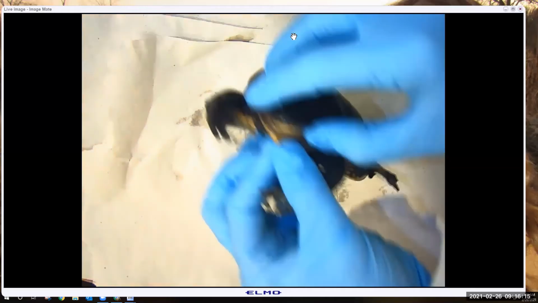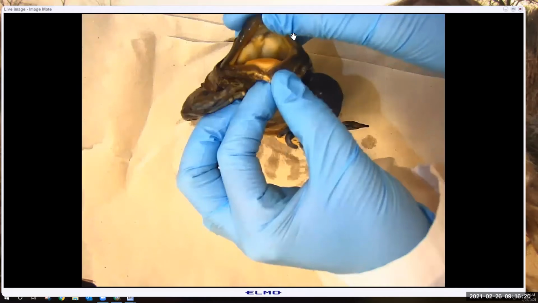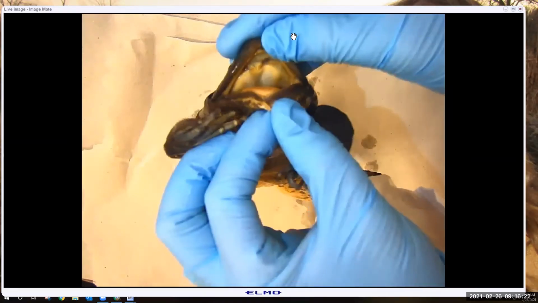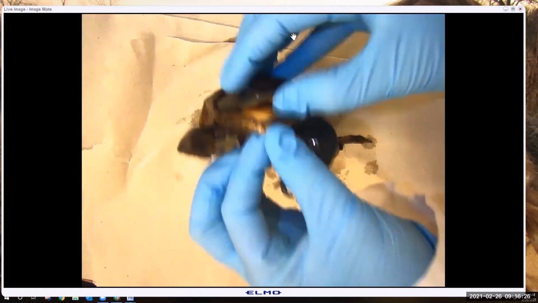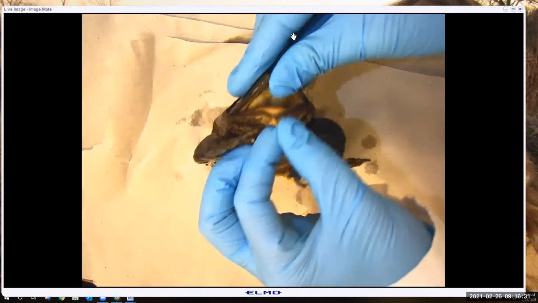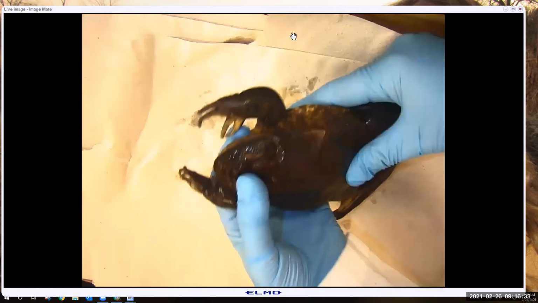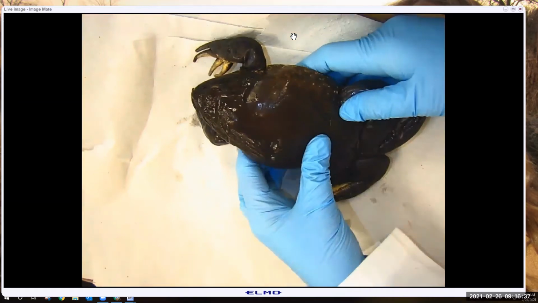I can't even move the tongue because he's a preserved frog. I know some frogs have teeth, but I don't see any in this frog. So I'm saying no to teeth for this frog, even though some species do have them. I just can't see it in this guy.